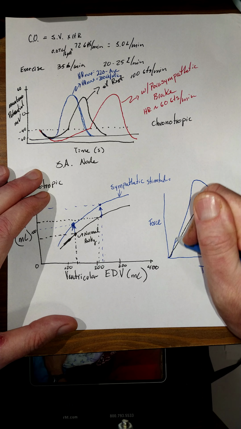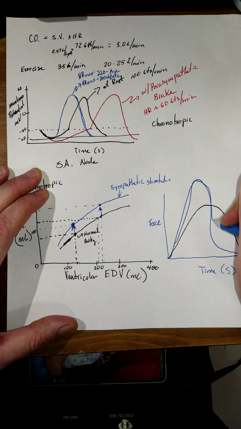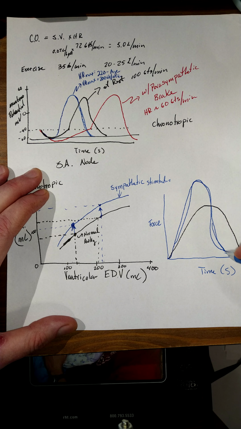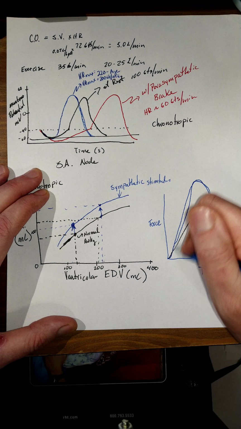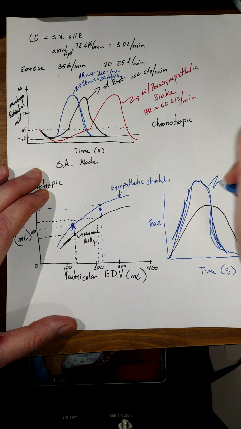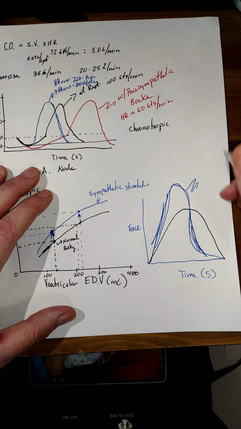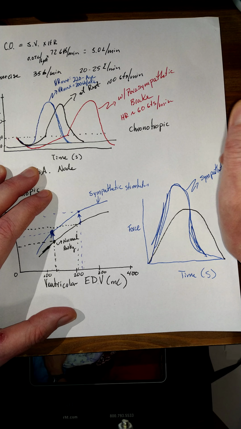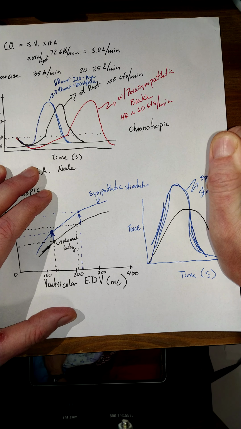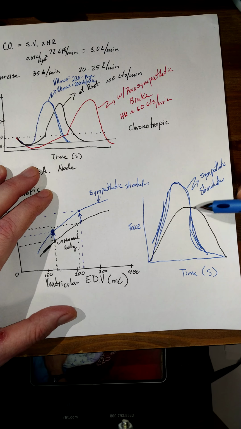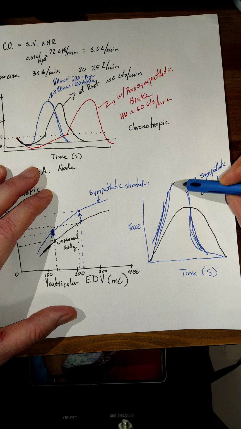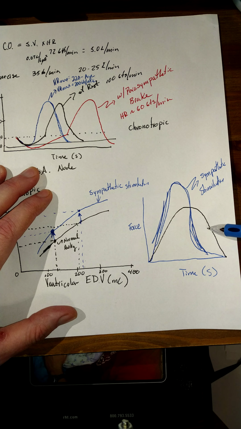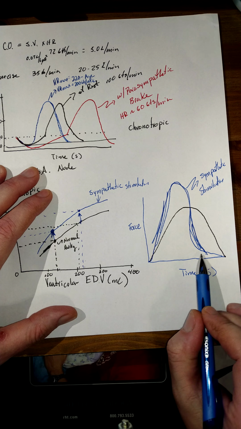Let me try to fix this. Like that. Sorry, artwork is a little rough this morning. So under the sympathetic nervous system, we see that we can produce a lot more force than at rest, but it happens over a shorter period of time.